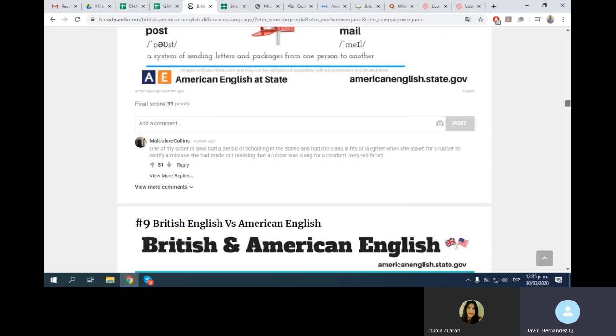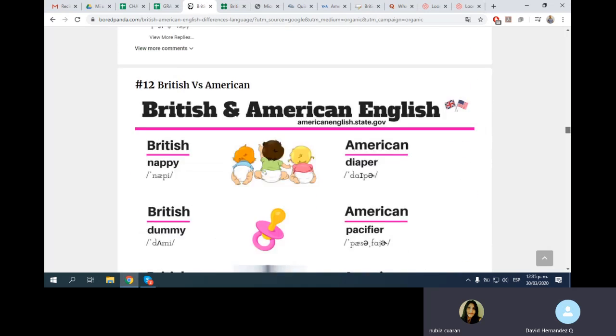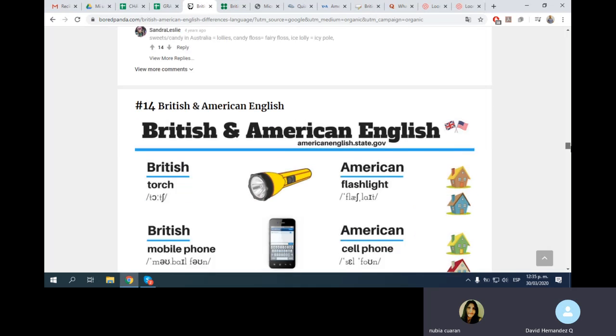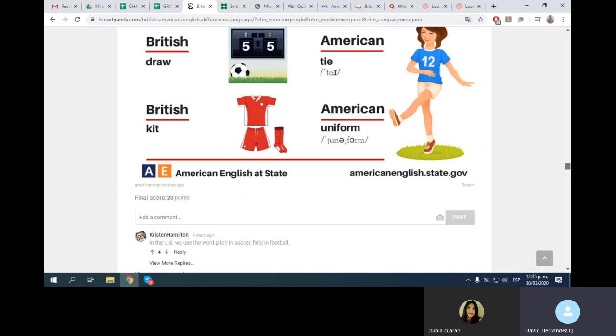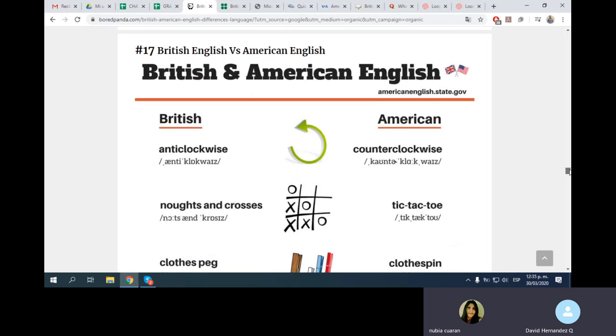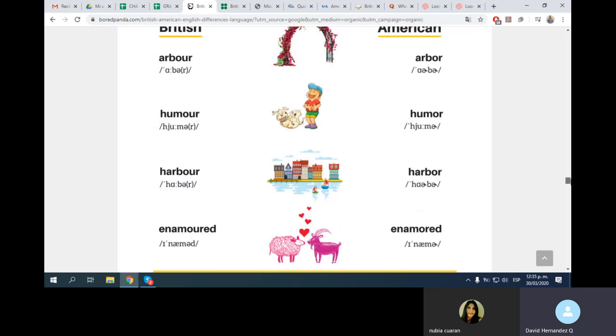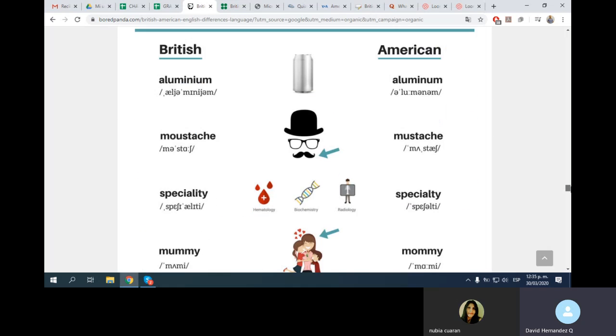Hay una que me impresionó mucho cuando estuve allá, y es la palabra gasoline. Los americanos dicen gas o gasoline, y los británicos le dicen petrol, como petróleo pero sin el eo, sino petrol.